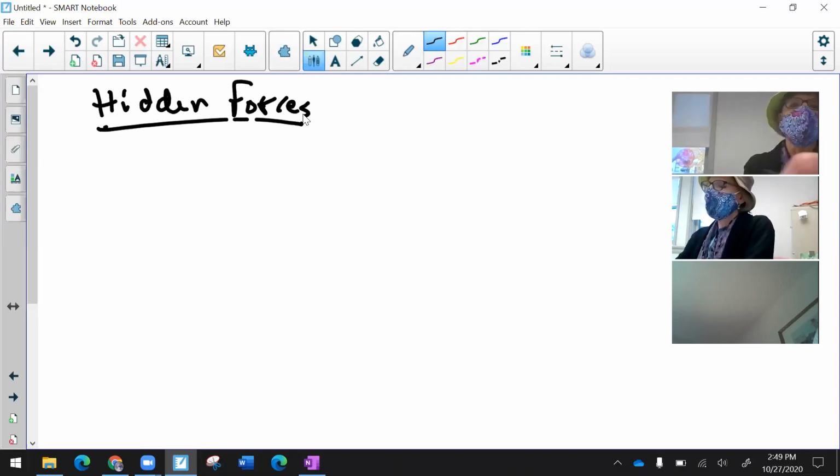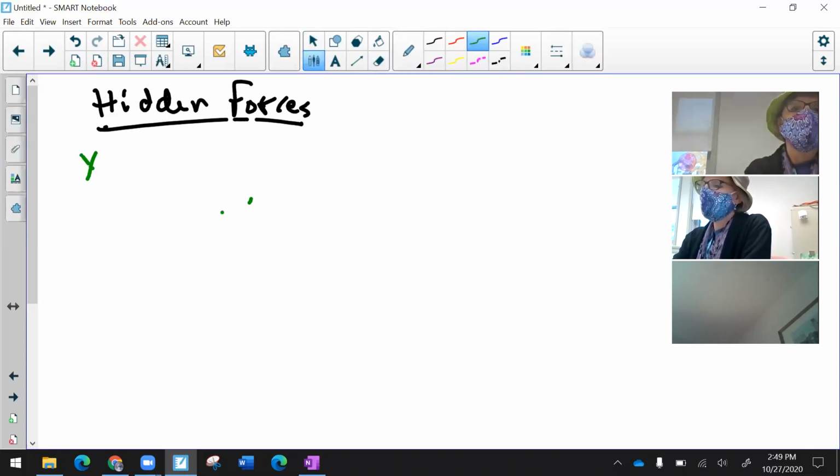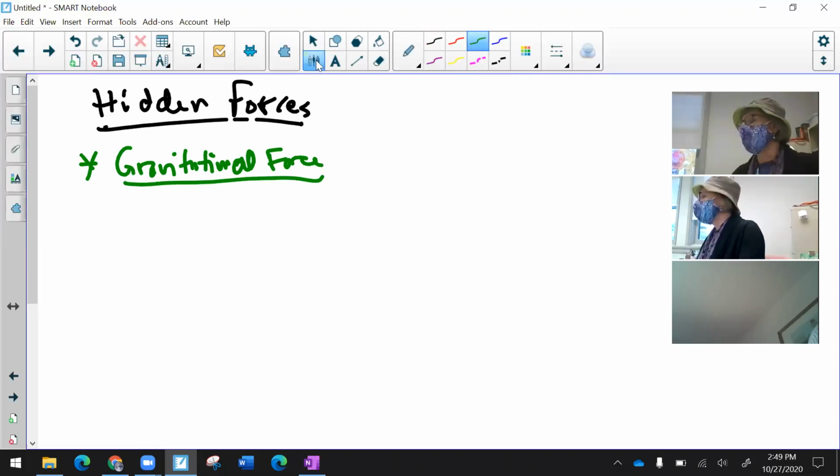So the first one, of course, is the gravitational force. I have never seen a problem that starts with the Earth pulling on the box with a gravitational force of 50 newtons.